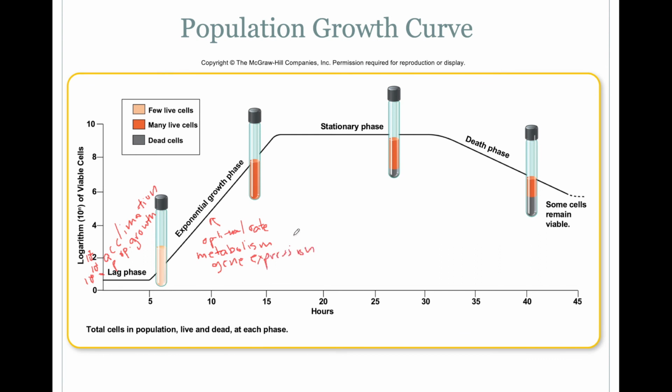And this would be for biosynthesis and for metabolic activity, right? So you would see a very particular biochemical profile expressed here during this exponential growth phase. And because of this, this is the best time for testing, right? So if you wanted to determine characteristics of your bacteria, this is the best window of time for testing.